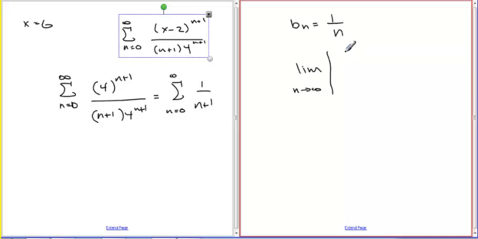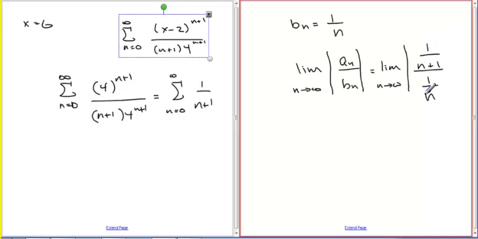So if we put in our a sub n, which is 1 over n plus 1, and b sub n would be 1 over n, and you take the reciprocal of the denominator, you end up with n over n plus 1, and that equals 1.